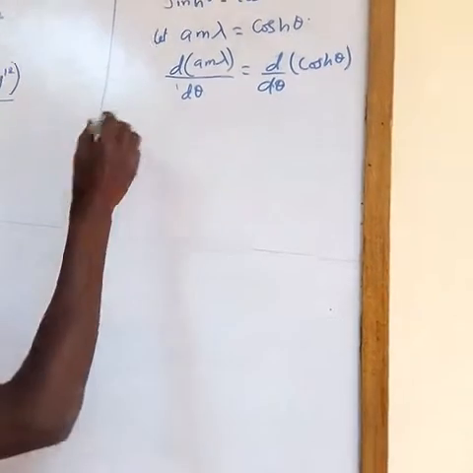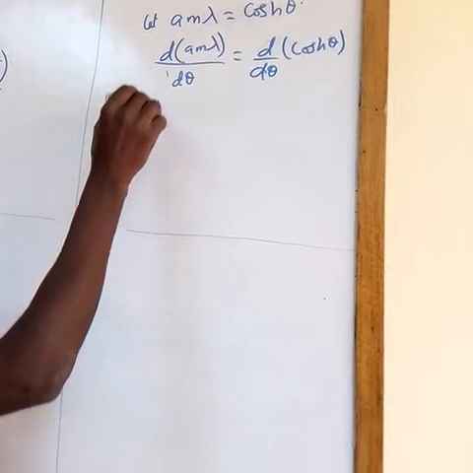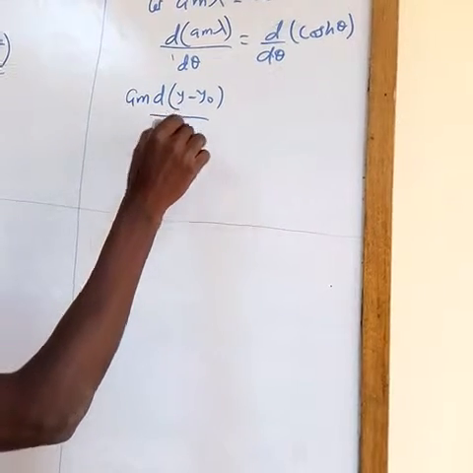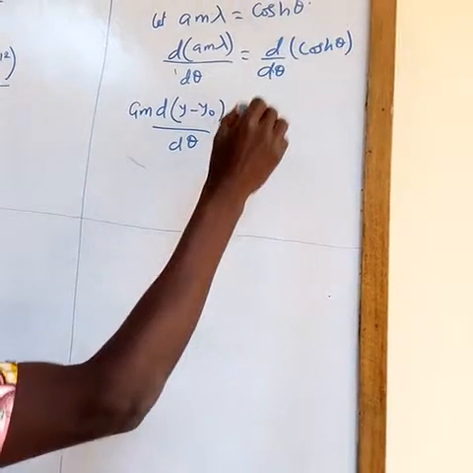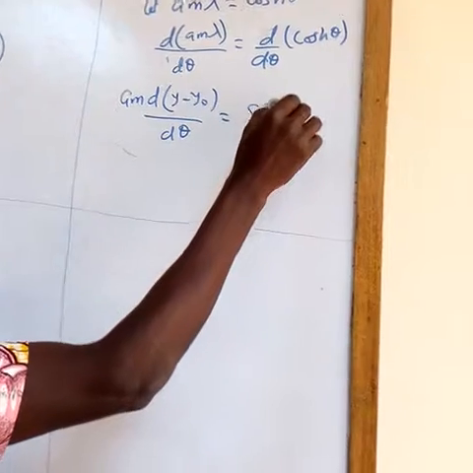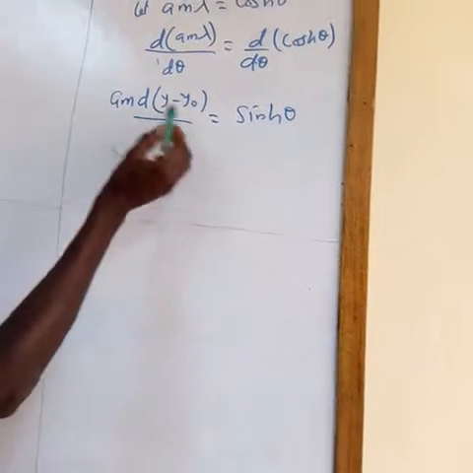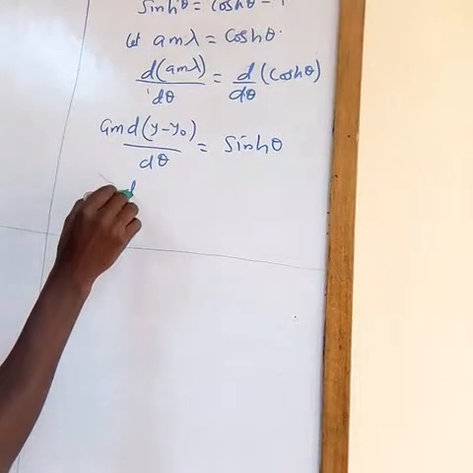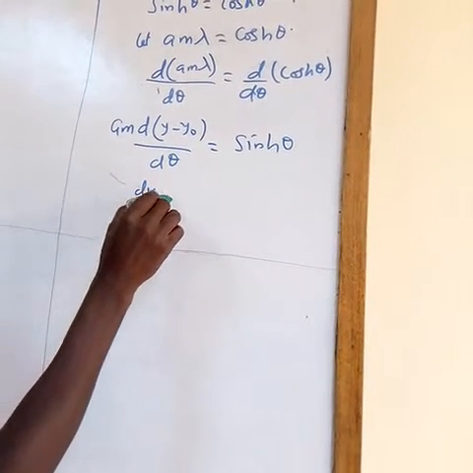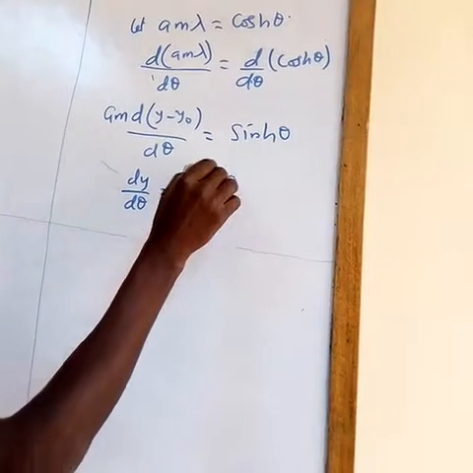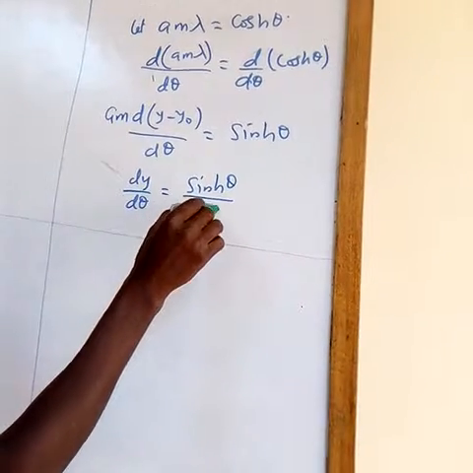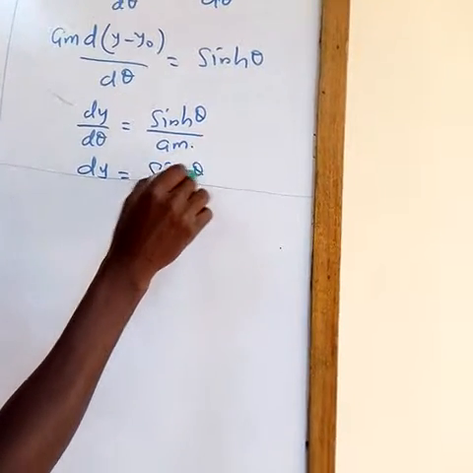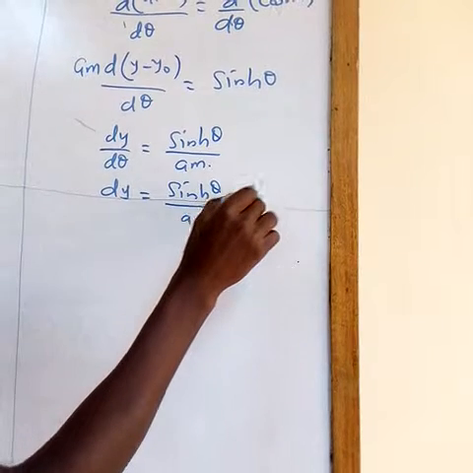So what we are going to have is am times d lambda, where lambda is y minus y naught, over d theta is equal to, by the time we differentiate this, minus sin theta. This y naught is also a constant of integration. So dy/d theta is equal to sin theta divided by am. So what is our dy? Our dy will be equal to sin theta over am d theta.